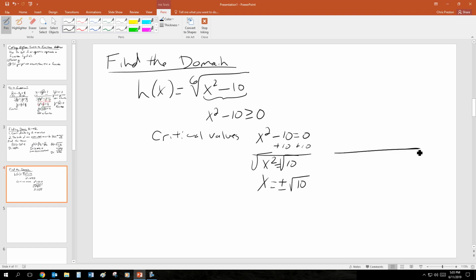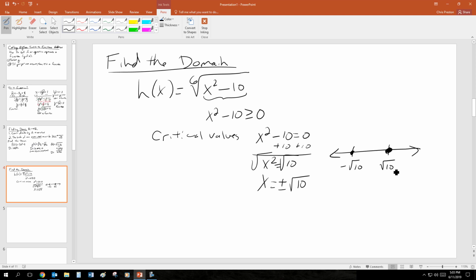So I'm going to draw my number line, label negative square root of 10, label positive square root of 10. You can plug those in. 10 minus 10 is 0, and that's okay because it's greater than or equal to 0. So those are going to be solid. Let's see. Negative square root of 9 is 3.